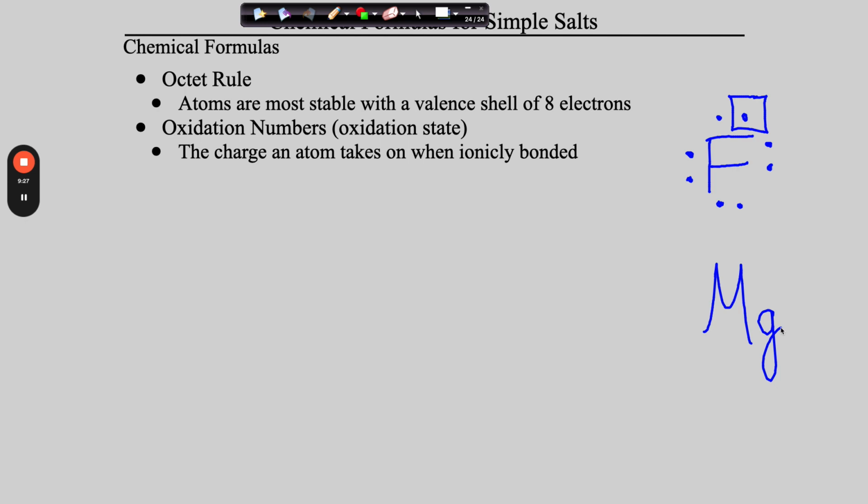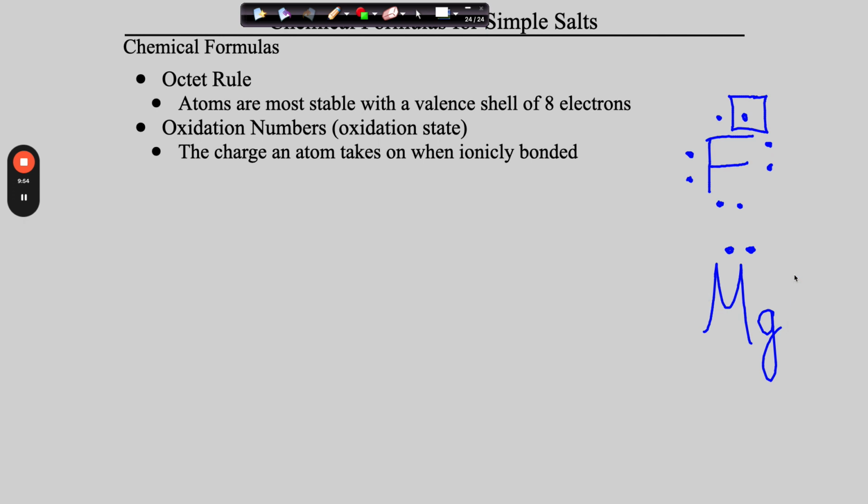And if we remember, that means that magnesium has got 2 valence electrons. But remember that magnesium is a metal, and metals are big and weak. So guys, what that means is that magnesium cannot pick up 6 valence electrons.